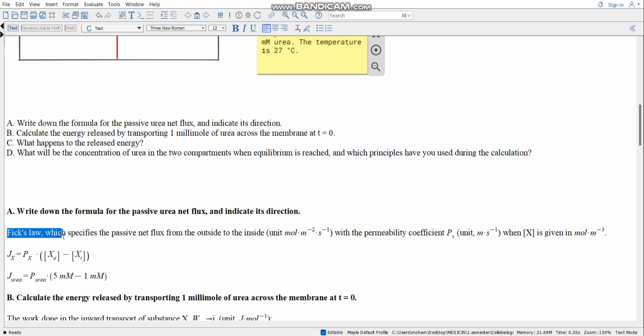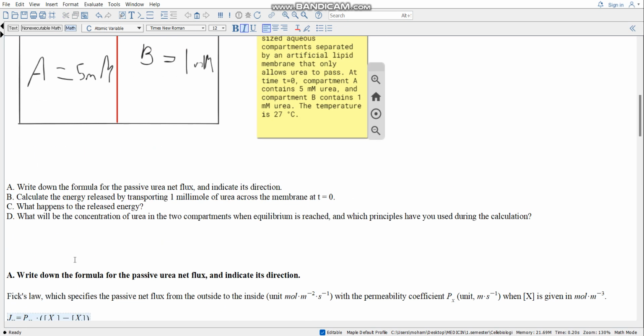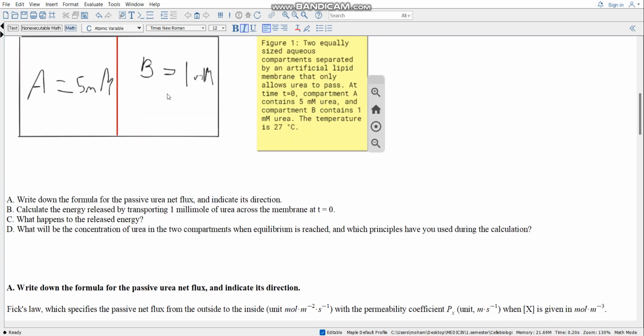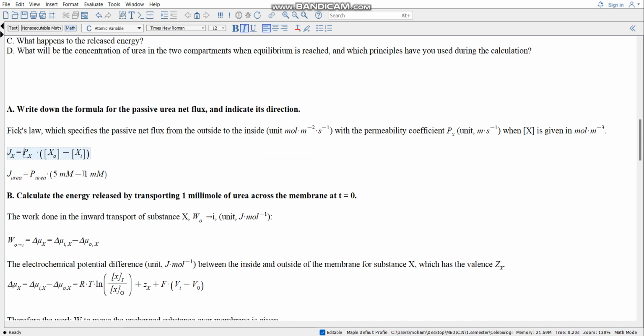So we can utilize Fick's first law, and this is the simplified version, where Jx represents the flux or rate of diffusion of a substance across a membrane in the x direction. So from this compartment to this compartment, from A to B. We have Px, which represents the permeability coefficient of the membrane, which of course varies.